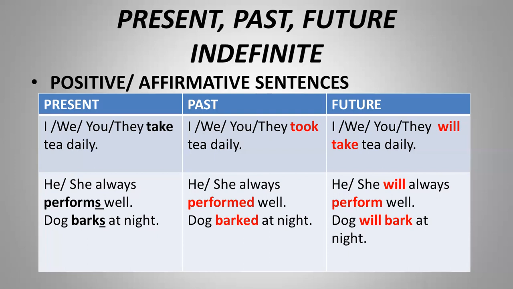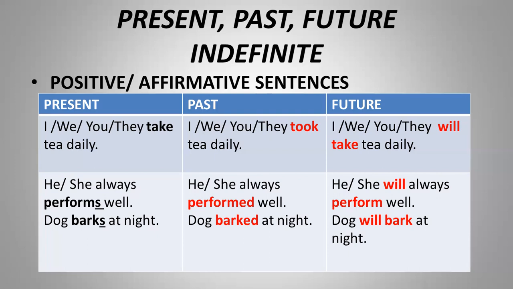So there is a shift you might have observed, that with the other persons other than third person singular, we did not use S or ES. But when it comes to third person singular, he, she, it, S or ES is used with first form of verb.